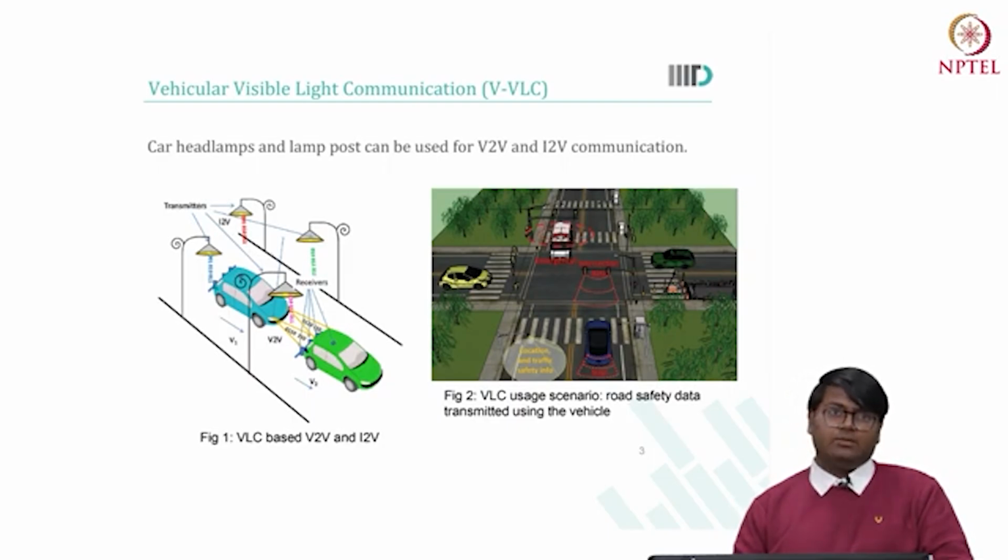In such a scenario, vehicular VLC offers several applications related to accident prevention, such as sending basic safety messages, BSMs, and cooperative awareness messages that alert the vehicle about an accident happening in the surroundings.